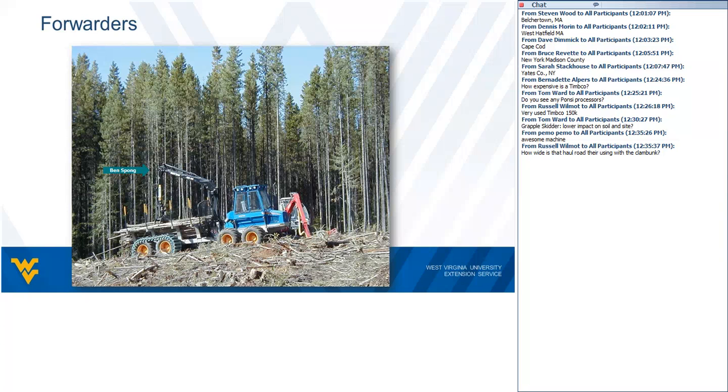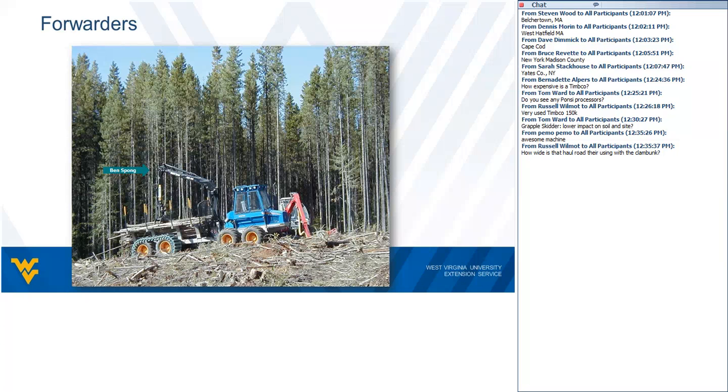So forwarders are often matched up with a harvester. Typically, we would not see this on super large diameter and really long log type operations. If you had a 40-foot log hanging off the back of that, this would not be a very efficient machine.